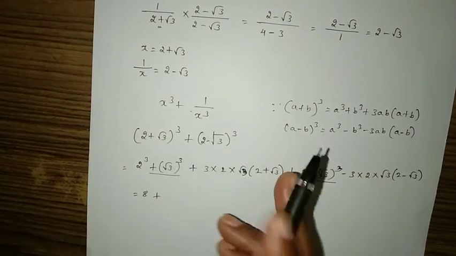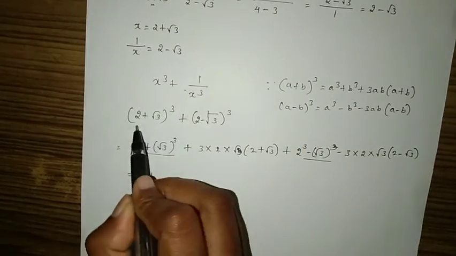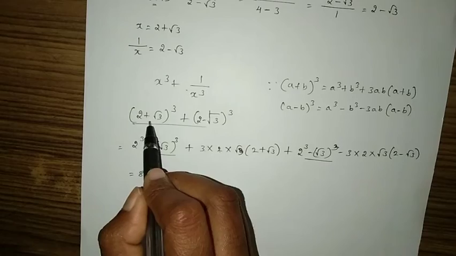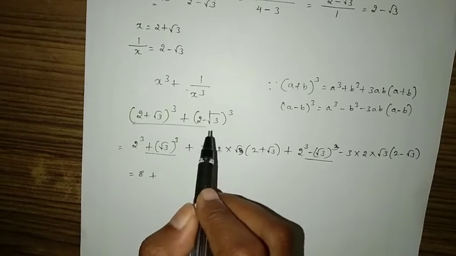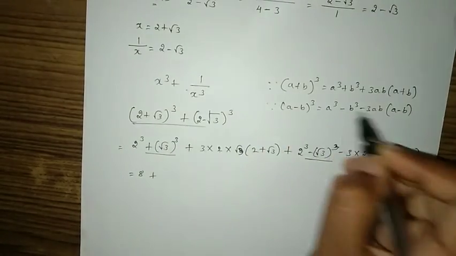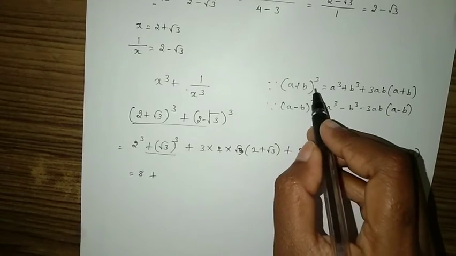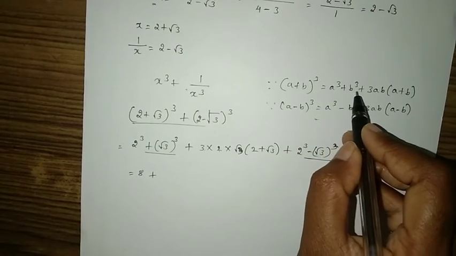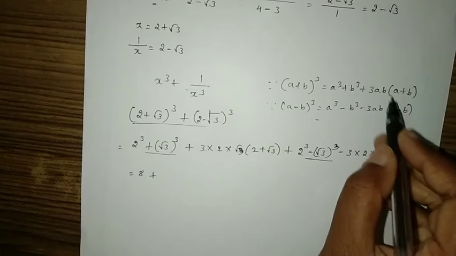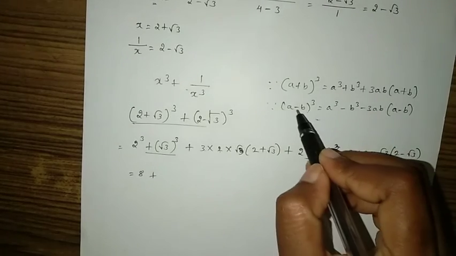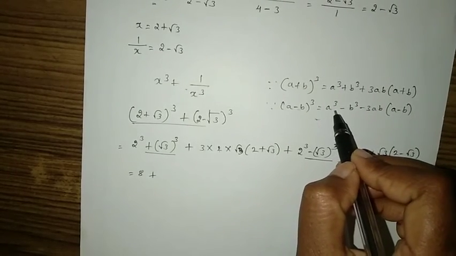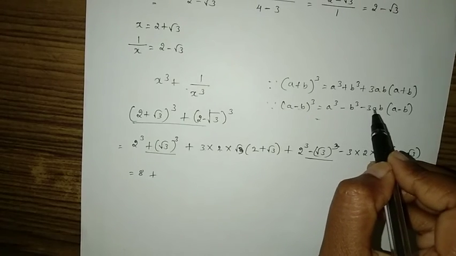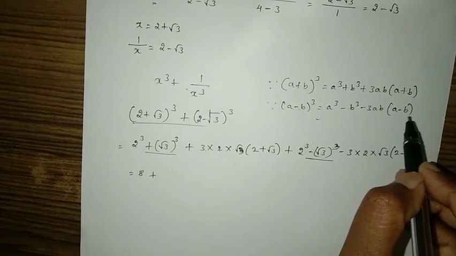So this becomes (a plus b) whole cube plus (a minus b) whole cube. I wrote the formulas here: (a plus b) whole cube is equal to a cube plus b cube plus 3ab into (a plus b), and (a minus b) whole cube equals a cube minus b cube minus 3ab into (a minus b).